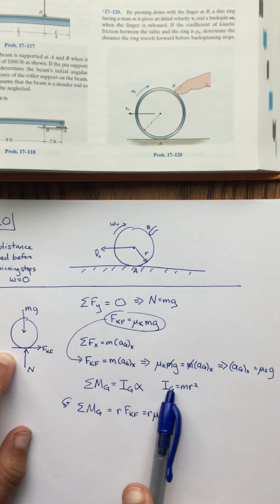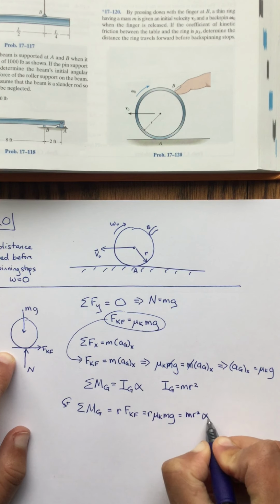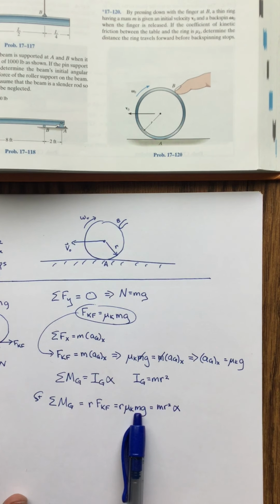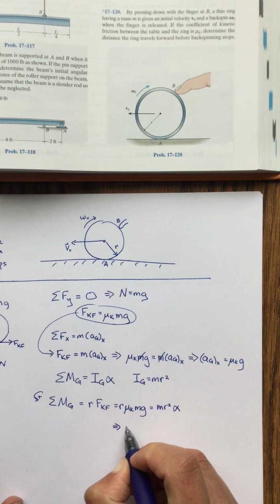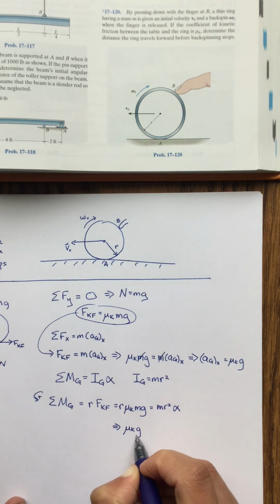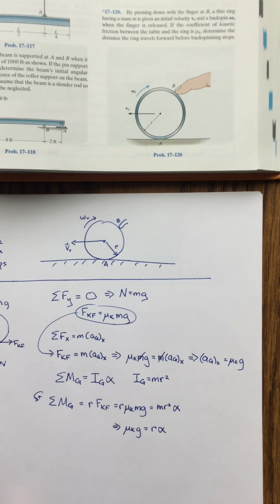That's equal to the moment of inertia times alpha. The moment of inertia is m r squared times alpha. I can cross out an m and an r, and if I do that, I get mu k g is equal to r times alpha.